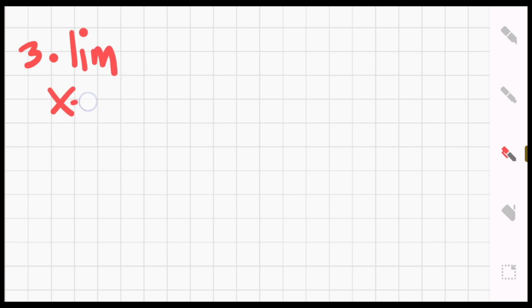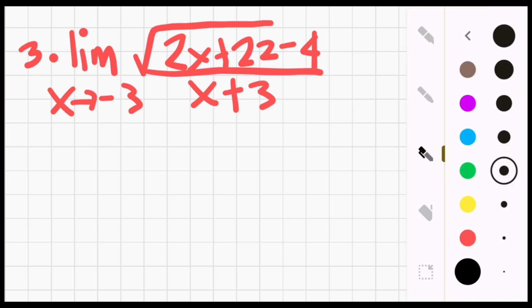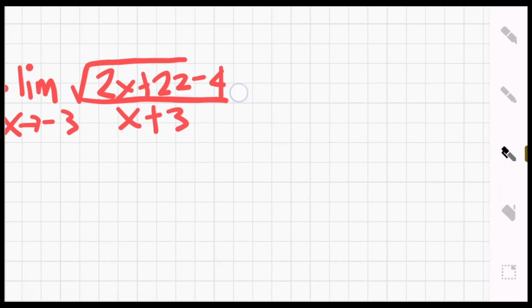The limit as x approaches -3 of the expression square root of 2x plus 22 minus 4 over x plus 3. Similar to what we did in the previous example, we will be multiplying it by its conjugate.